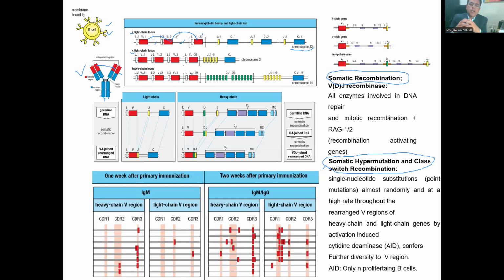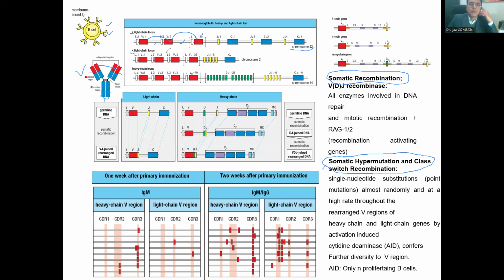So one antibody would have one type of variable region, another would have different types of variable region, because these would be combined in different ways. There are different rules at the genetic level. Different enzymes are involved in this particular process.